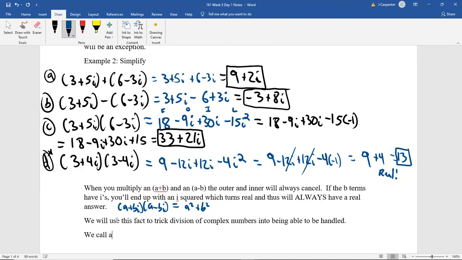Call a plus b and a minus b conjugates. The conjugate of one is the other. So if you had 3 plus 5i, its conjugate would be 3 minus 5i. If you had 3 minus 7i, its conjugate would be 3 plus 7i. You just changed the sign of the second term. And it doesn't matter if they're imaginary or not. If you have 3 plus 5x, its conjugate would be 3 minus 5x. Or if you swap the order, 5x plus 3 has a conjugate of 5x minus 3. You just change the sign of the middle term.